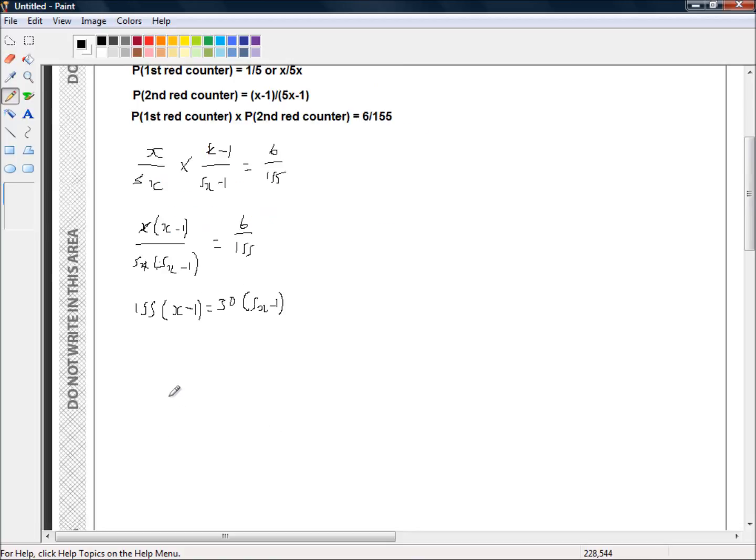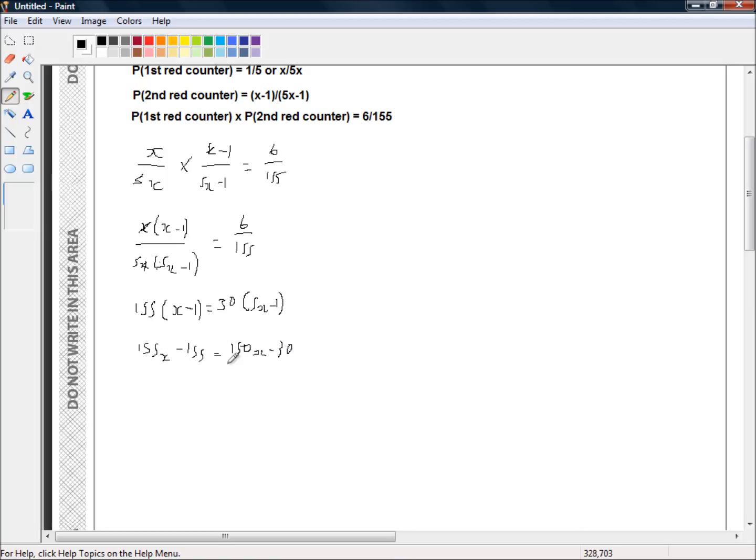Multiplying out the brackets, 155x minus 155 is equal to 30 times 5 is 150, so that's 150x minus 30 times 1 is 30.